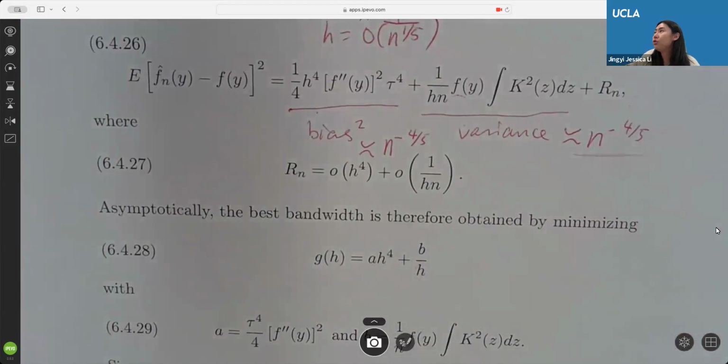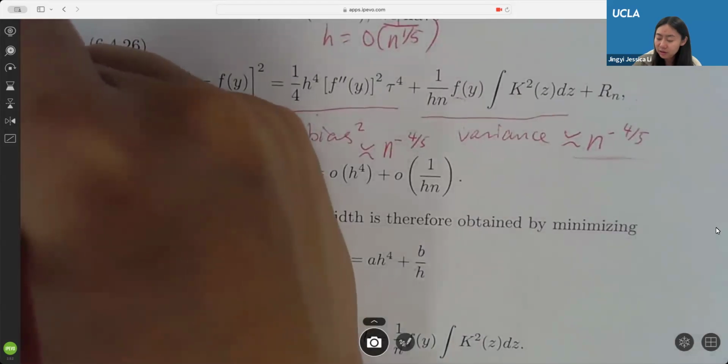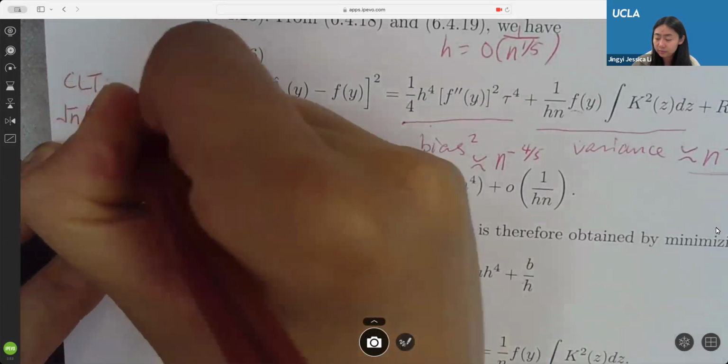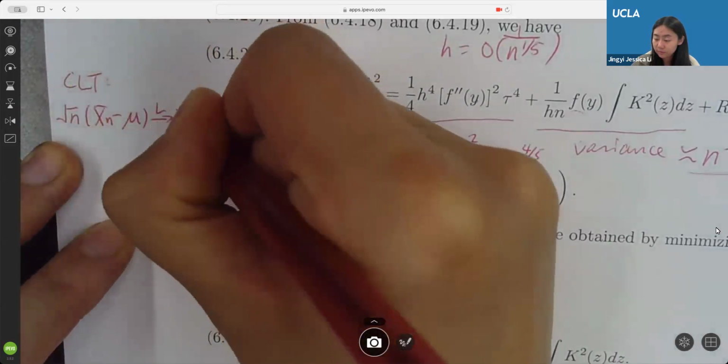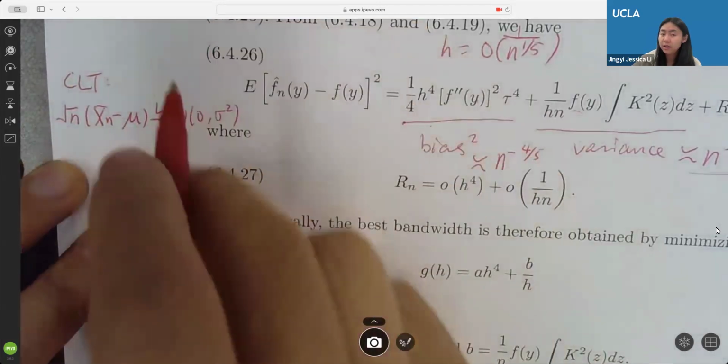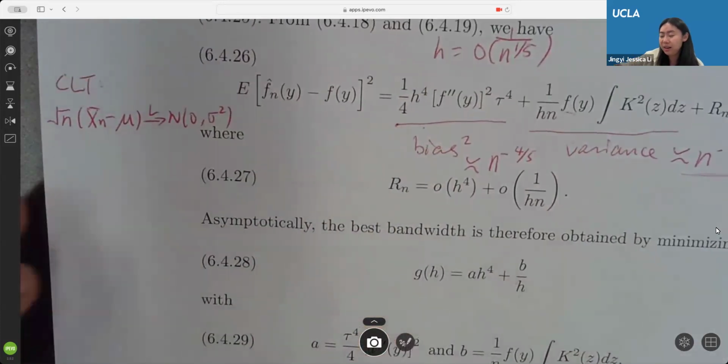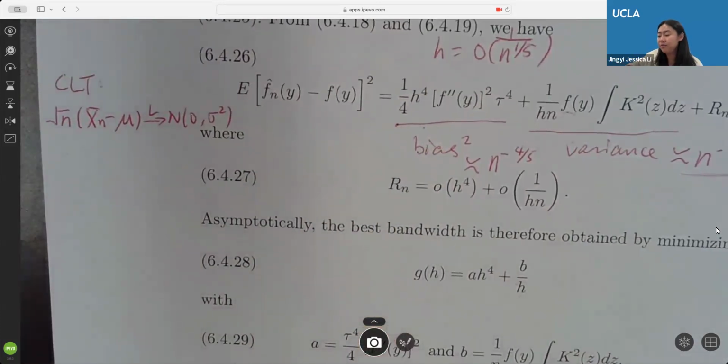While for parametric models, remember, when we estimate a population mean using the sample mean, these kinds of estimators, central limit theorem type of estimators, we showed before the order is different.